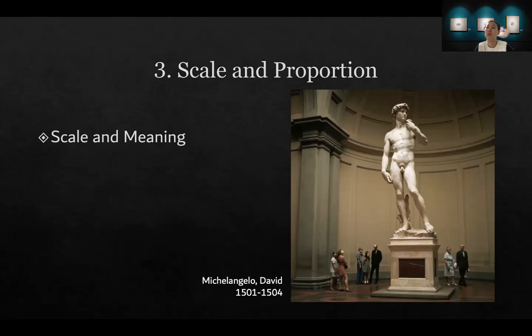So Michelangelo's David looks like a hero and grandeur, and this statue is much larger than life size because Michelangelo used a monumental scale for indicating heroism. So like the David statue, scale can be used for showing a meaning in art.